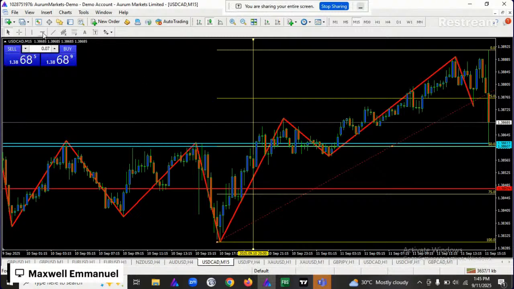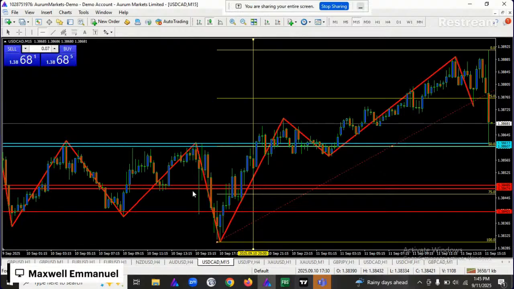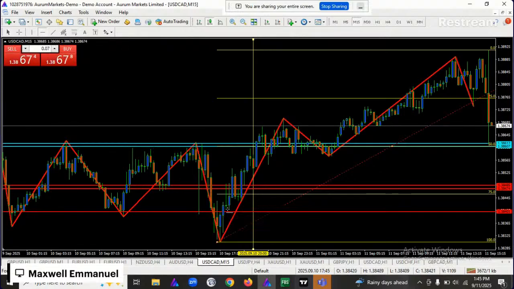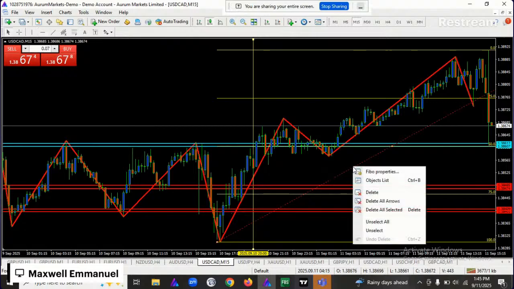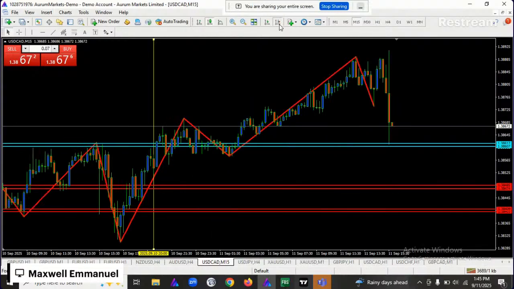This is where I would risk buying USD CAD. These fair value gaps are some areas of interest for USD CAD. USD CAD is likely going to come to that zone. If it gets to that zone, I'll be looking for buys.